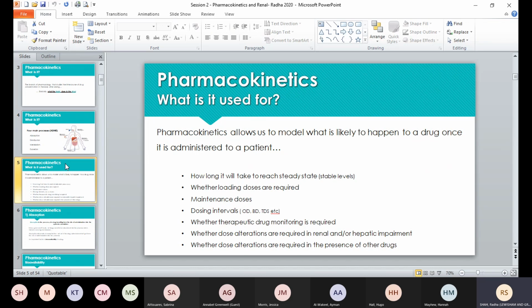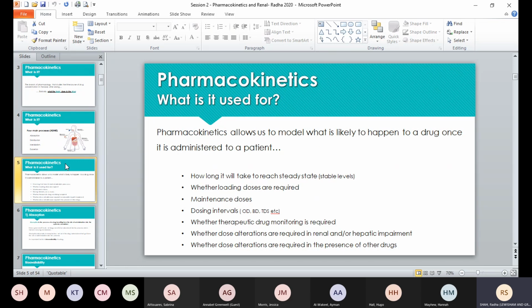So pharmacokinetics, what it's used for. Why do we study in depth what happens to the drug? We want to establish, for every single drug, they all work differently. Once they reach the body, they all work through different mechanisms, and some need to be given locally, some need to be given systemically.